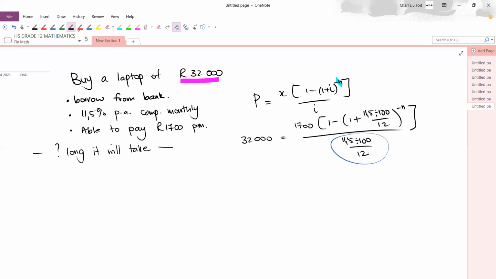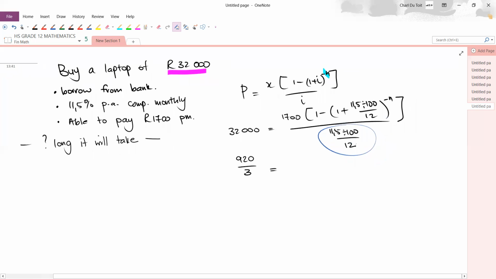I get something like 920 over 3. Yeah, that's right. Okay, and then I have a 1,700 here and whatever big brackets there is. I'm also going to now divide the 1,700 underneath that.